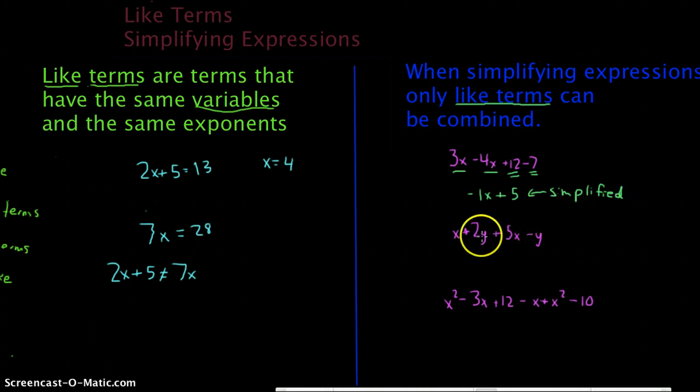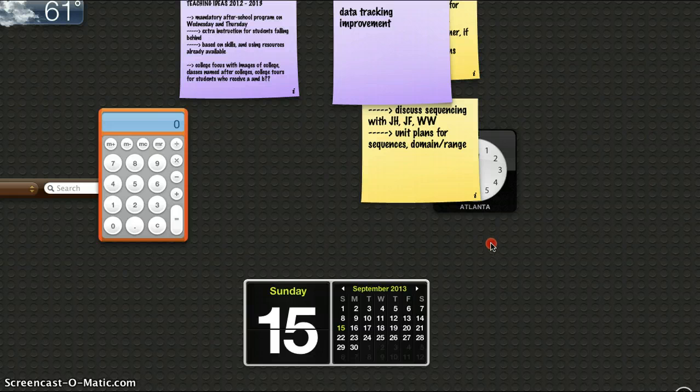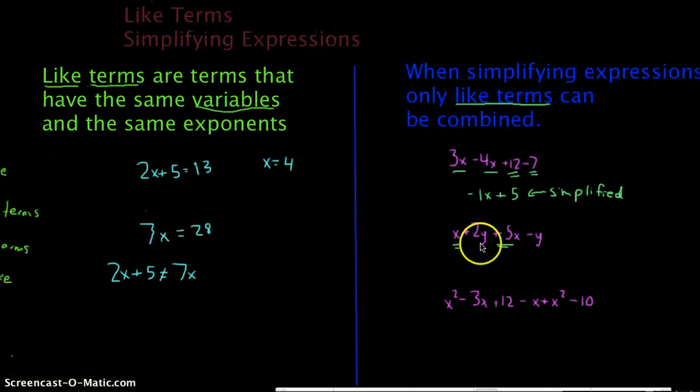Okay? So this next one here, right? Now they're out of order, but knowing that I can add in any order, I see an x and a 5x. Okay? So this is important. Sorry about the confusion here. In algebra, I have to understand that this x here is really a 1x, right?